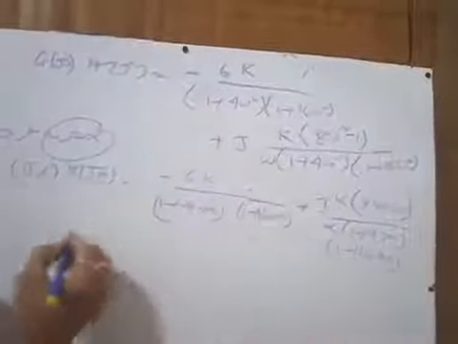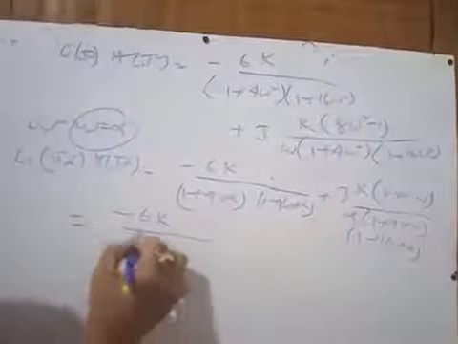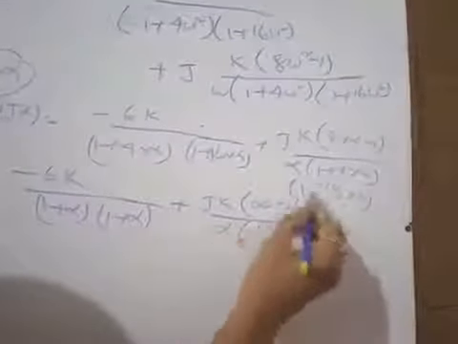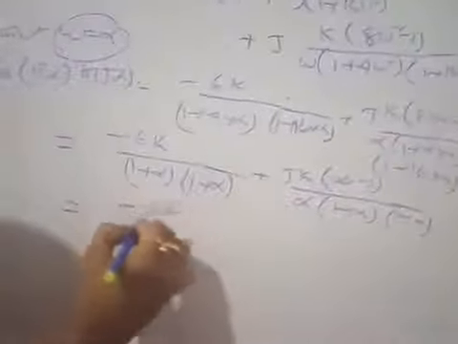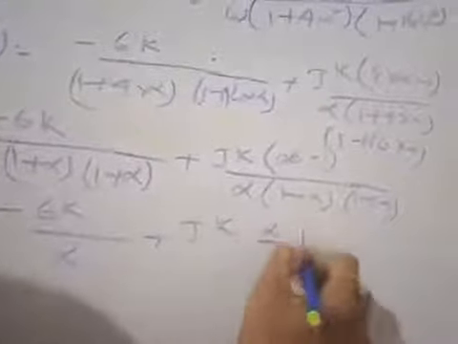Now this part, you see, minus 6k by infinity, plus jk into 8 infinity means infinity, so infinity minus 1 by infinity, 1 plus infinity means infinity. So you get minus 6k by infinity, no problem, plus jk into infinity by infinity. So here is the problem, right?